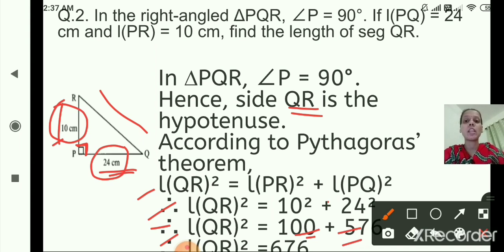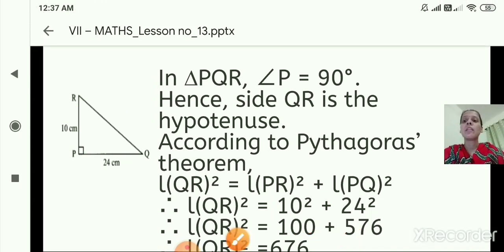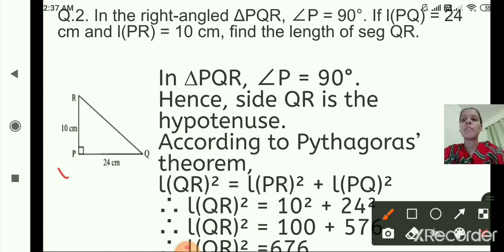Once again I will revise this. The figure is given. In the right angle triangle PQR, angle P is 90 degrees, hence QR is the hypotenuse. According to Pythagoras theorem, QR square is equal to PR square plus PQ square.